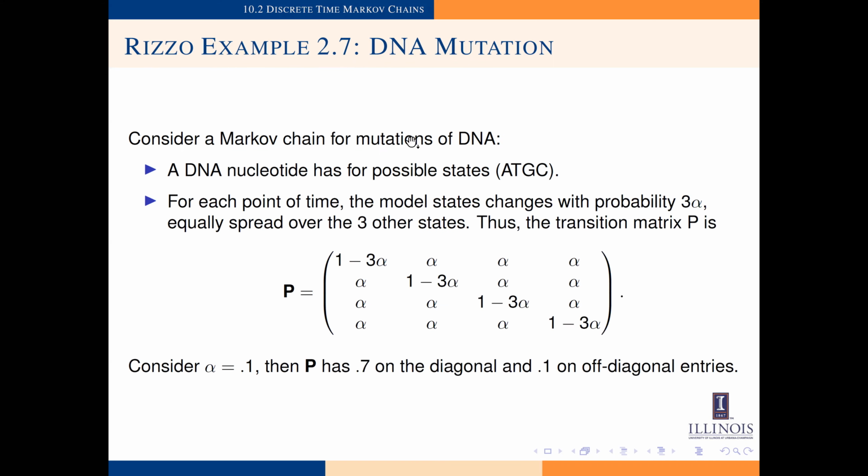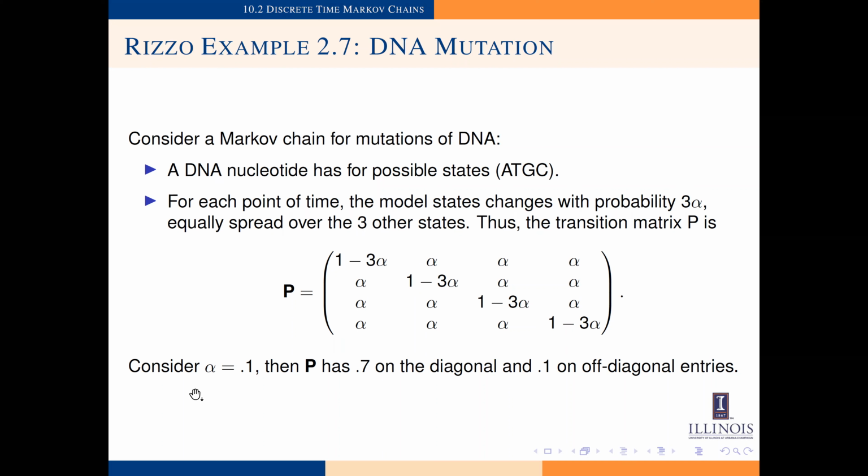For each point of time, the model state changes with probability 3 alpha equally spread over the 3 other states. In other words, the transition matrix P is given by this matrix here, where on the diagonals, the probability of staying in the current state is 1 minus 3 alpha, and the off-diagonals are all alphas, because there's 3 alpha that's split between the 3 states.